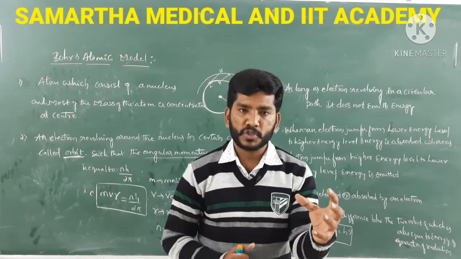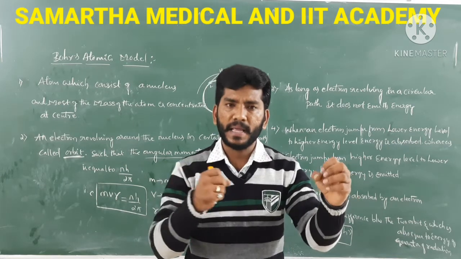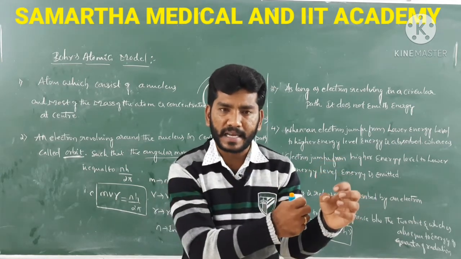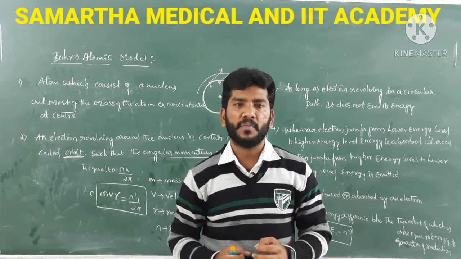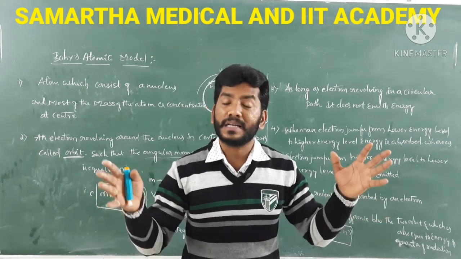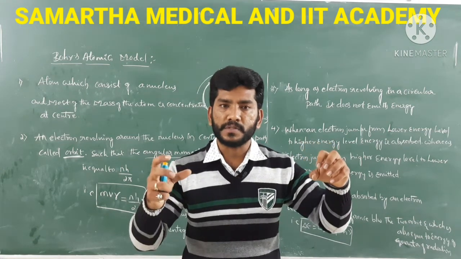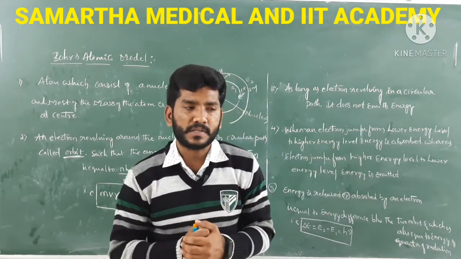So in the discharge tube, hydrogen molecules are present. When we apply a high potential difference of electrical energy, the hydrogen molecules absorb that energy and break down into atoms. Molecules to atoms. Then, concentrate here.